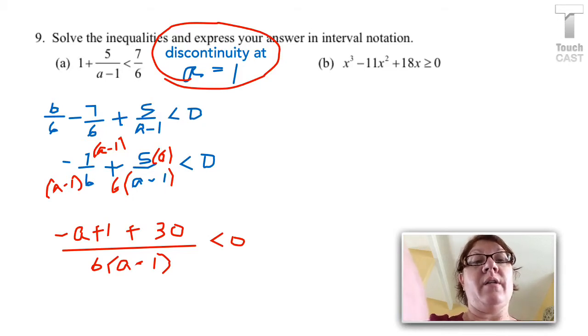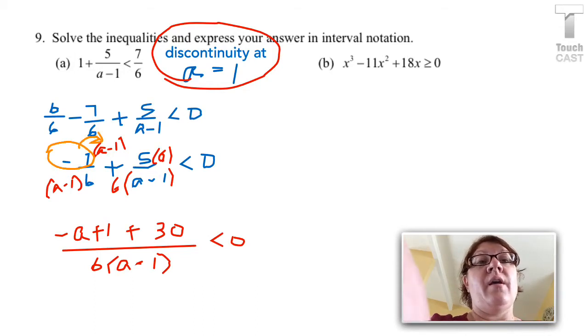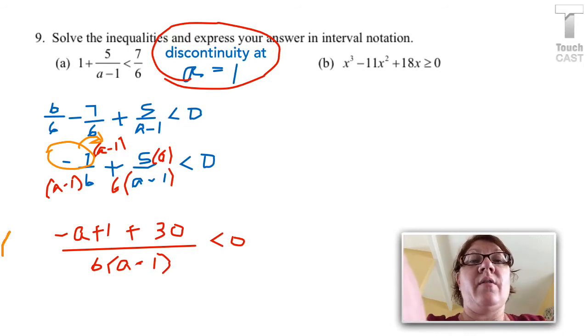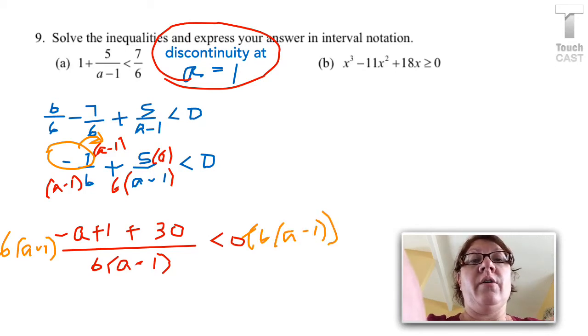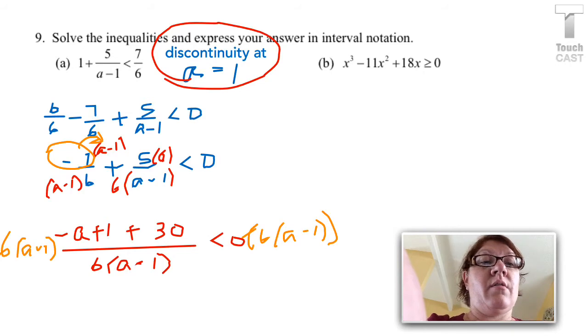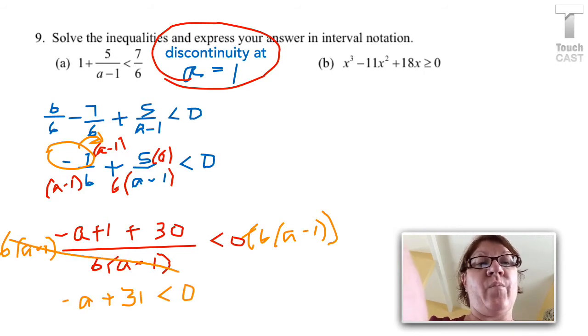And then I simplified the top, making sure that I distributed this -1 to the parentheses. And now I'm going to multiply both sides by 6 times a minus 1 so that I can clear that denominator. And it'll look like this.